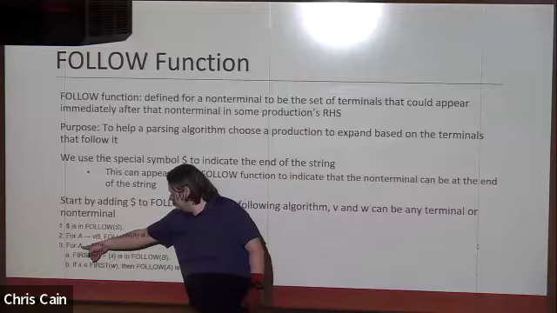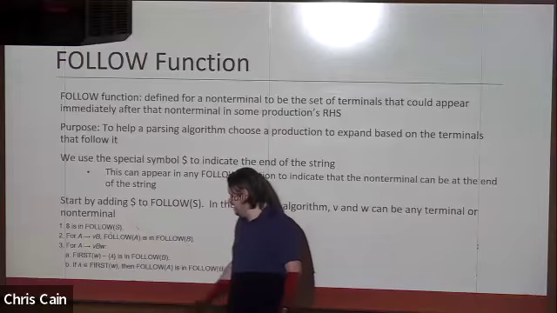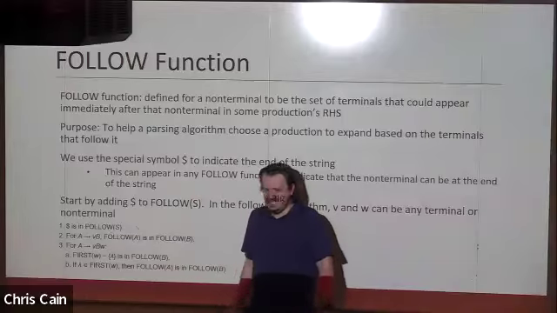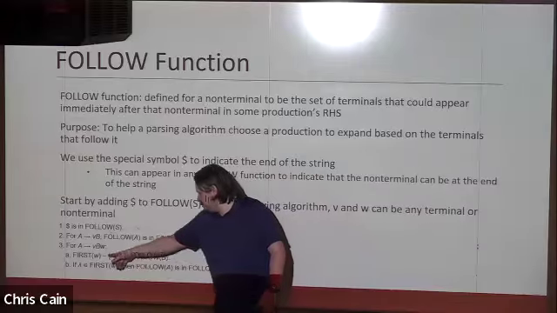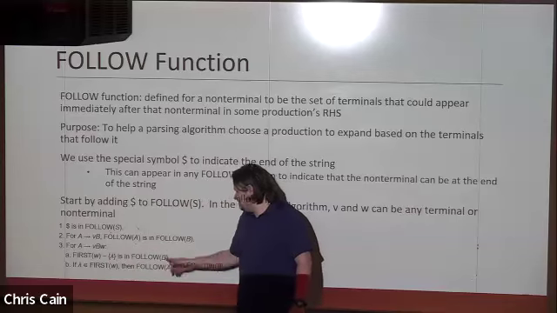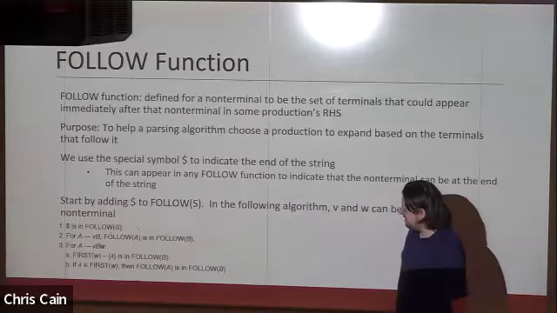For every case where we have a non-terminal in between some terminals or non-terminals, we now have to look at first of W, taking out lambda, because that doesn't matter. Whatever is in first of W is in follow of B, which makes sense.